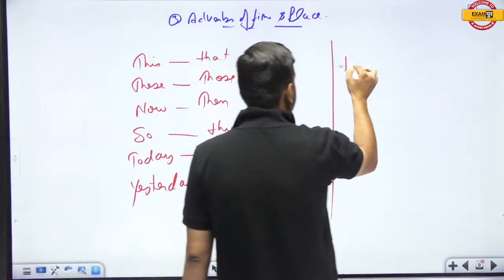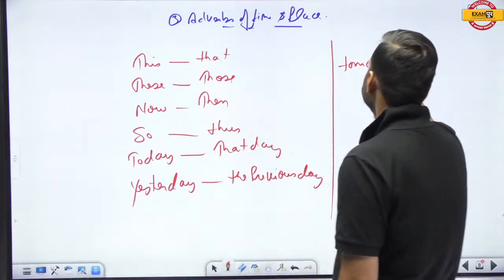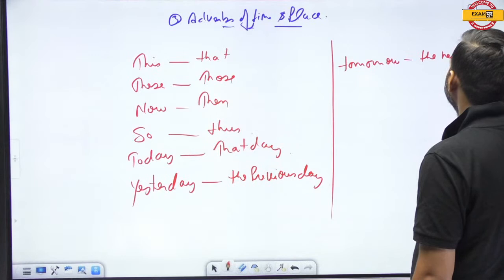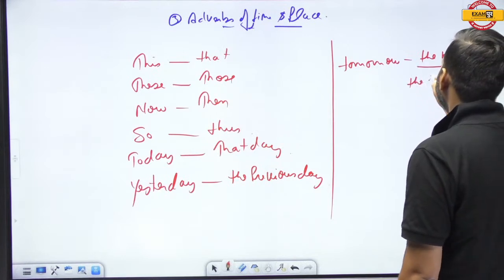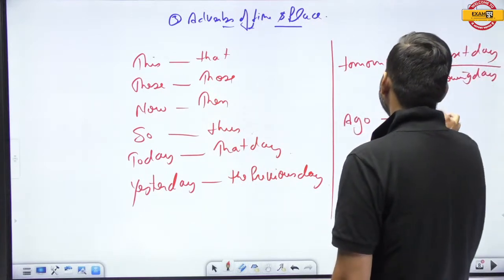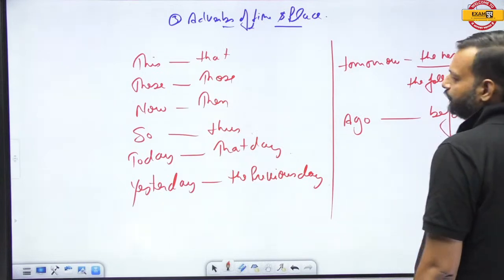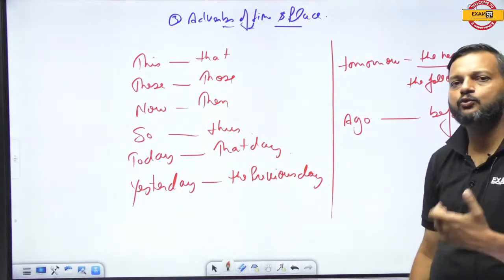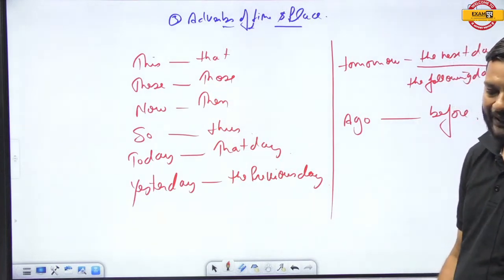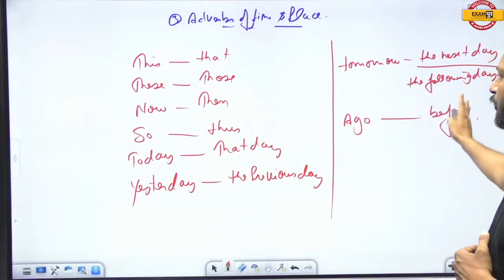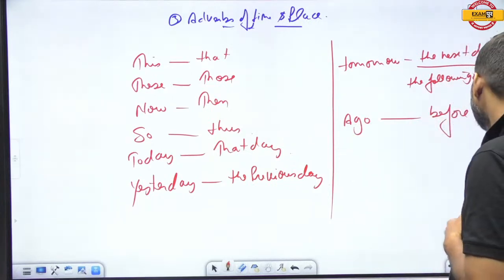Okay. Tomorrow becomes the next day, or the following day. Okay. Ago becomes before. So these are some words, some adverbs that change according to the tense. While changing a direct sentence into indirect, you have to change these words accordingly, right?